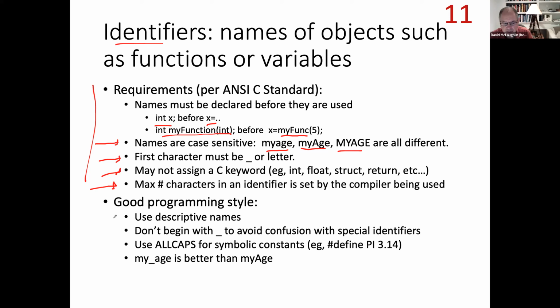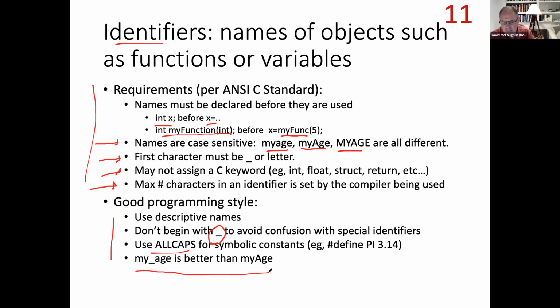Just some things about good programming style. Use descriptive names. Don't begin an identifier with an underscore. Those are used for special identifiers. Just don't do it. If you're going to use a symbolic constant, I'll show you what that means, reserve all capital letters for symbolic constants.